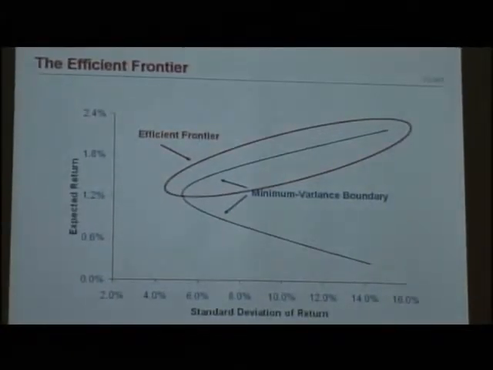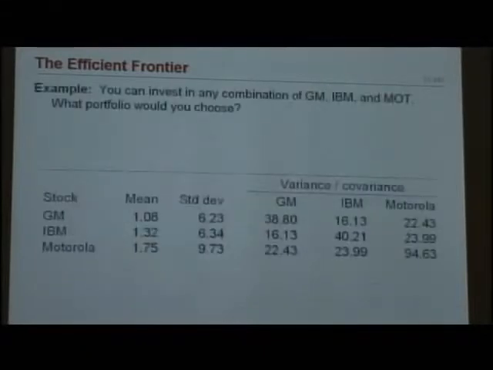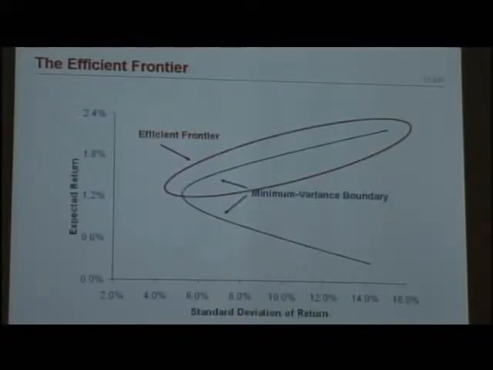Now, this entire bullet can be viewed as what's called the minimum variance boundary, meaning for any given investment over here, we have the absolute minimum variance that has the same level of expected return. So when I go horizontally, I'm looking at the smallest amount of risk I can take for that same level of expected rate of return. That's what this bullet can be viewed as giving you.